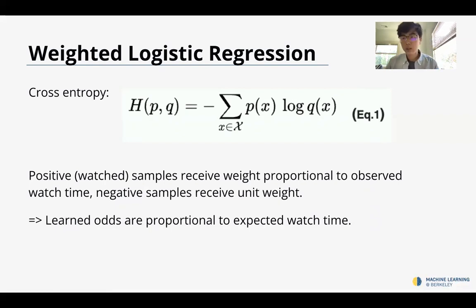let's imagine you have video A and video B, you watch video A for 15 minutes, you watch video B for 10 minutes. You only have 2 data points here, right? One data point says the user clicked video A, one data point says the user clicked video B. So you're unable to distinguish which one should be predicted with a higher probability. But imagine if you just copied the data point for sample A 5 times, right?